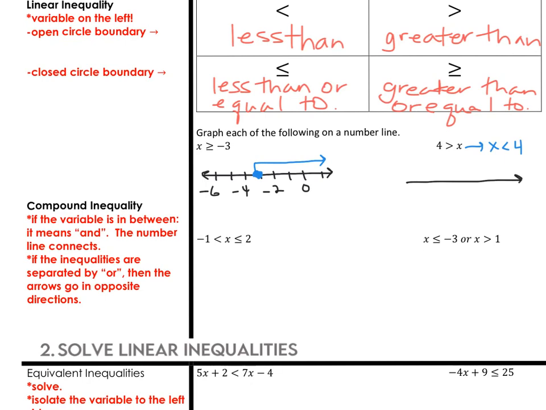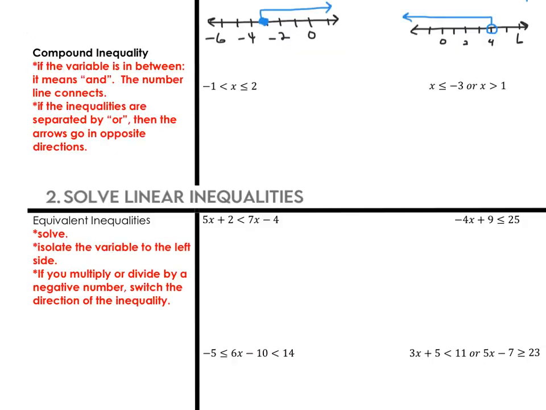We'll sketch our number line. And maybe I'll put 0 here, +2, +4, +6. And then at +4, I'll put an open circle, recognizing that if X is less than, it's going to be anything to the left.